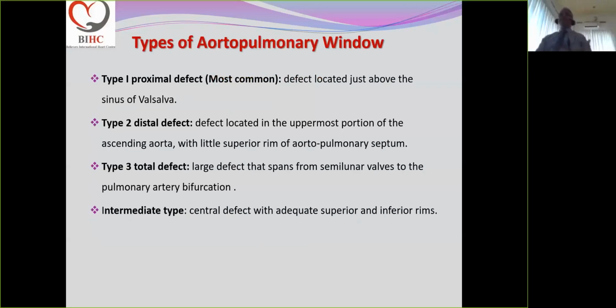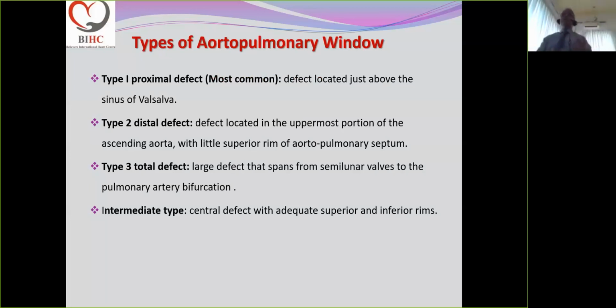There are different types of AP window depending on where it is located in relation to the pulmonary valve. If it is located very close to the pulmonary valve, just above the sinus of Valsalva, it's called a type 1 or a proximal defect. At the other end, before the pulmonary artery bifurcation, not close to the pulmonary valve but close to the pulmonary artery bifurcation, you call it a type 2 or a distal defect.